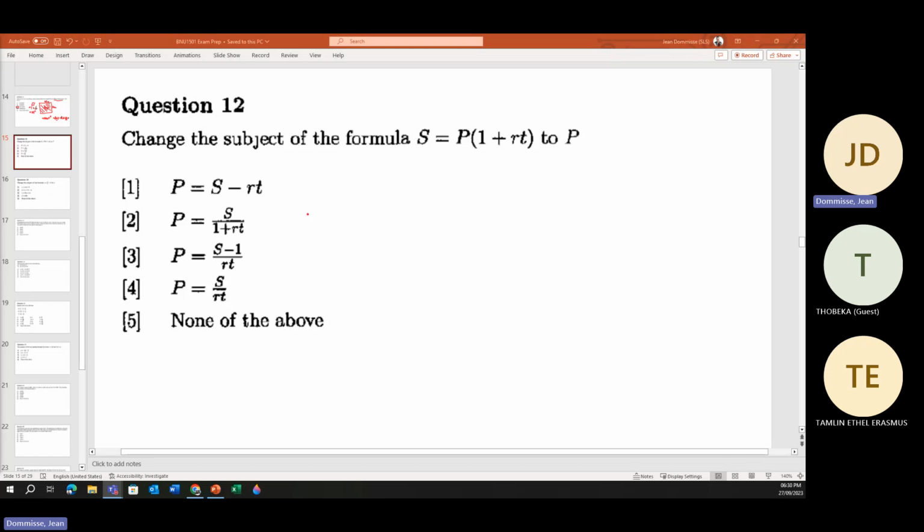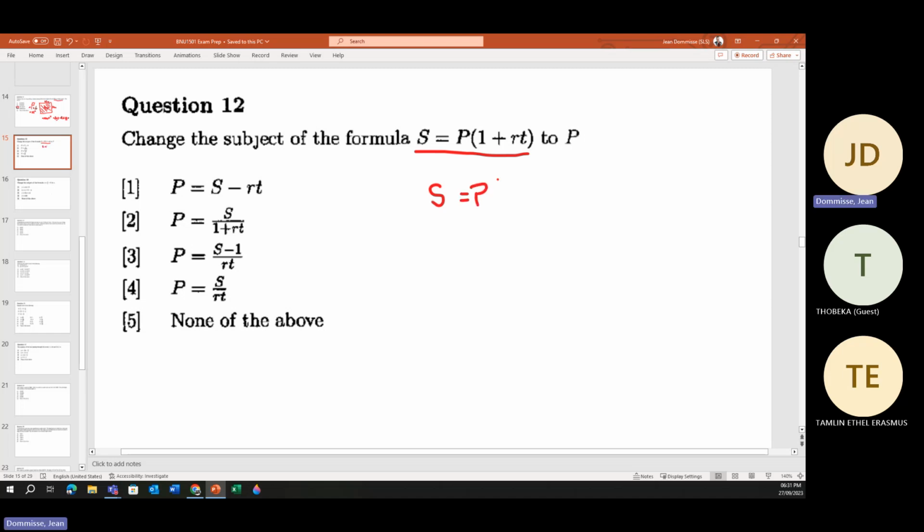But basically, what they love to ask in your exams is they tell you you're working with a formula and then you need to transform that formula a bit.